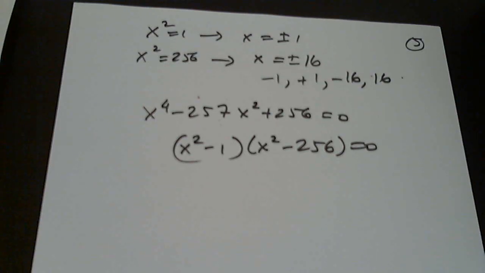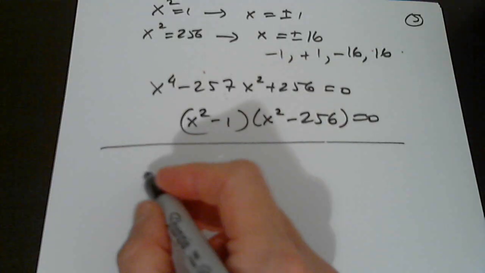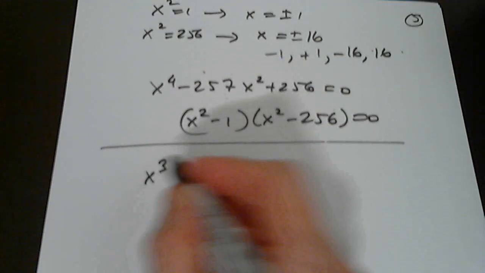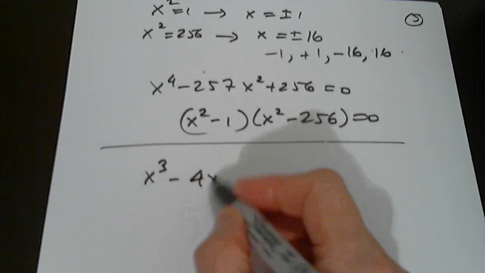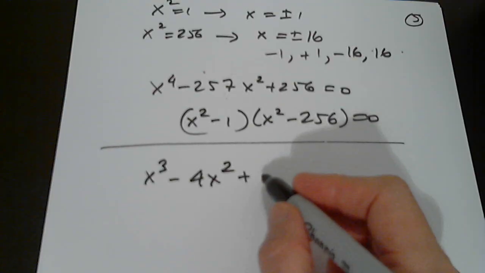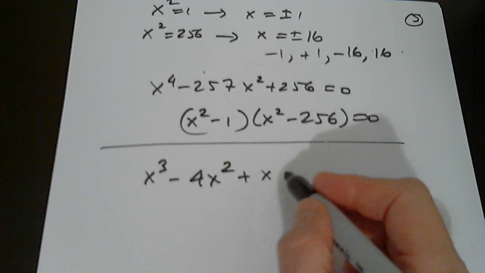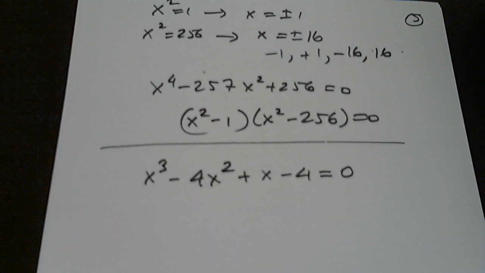I wanted to work on another example from polynomials though. So what if I have this? Let's say x to the 3rd minus 4x squared plus x minus 4. What is the degree of this polynomial?